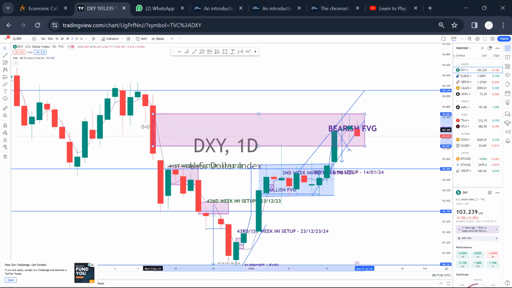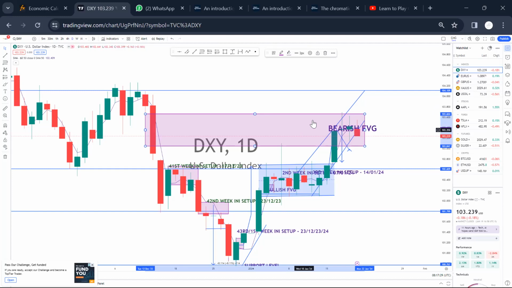If you don't know what a fair value gap is, please just find time and Google that, right? We have a bullish fair value gap and then we have a bearish fair value gap. What it means is that when price taps into them, it has a higher tendency of reversing or pulling back. That is what it means. So this is what we have here.